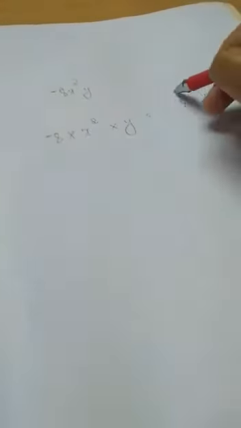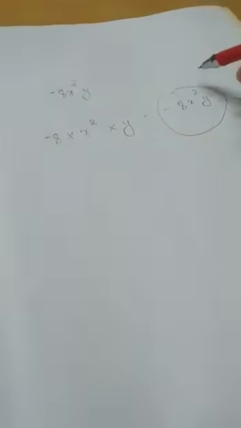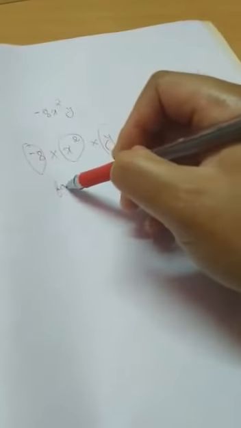To get this product, minus 8x square y, this is one product, no? To get this product, what are the factors we need? Minus 8, x square and y are the factors of this product. Okay, you must know these are all called factors.